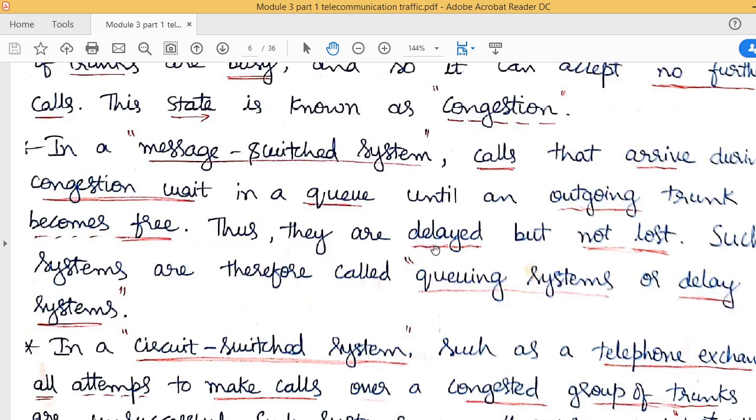Thus they are delayed but not lost, because those calls or messages are placed in a queue where they wait for a certain duration until the trunk becomes free. Such systems are therefore called queuing systems, where queues and memory are involved, or also delay systems, because delay is involved.